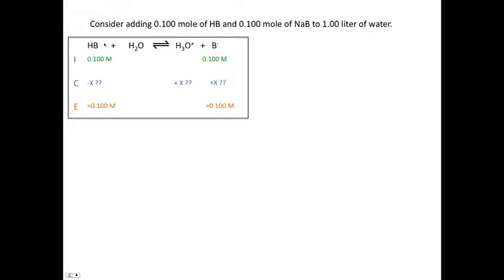So maybe the HB says, okay, I'm the weak acid, I'm going to do my behavior equation, and I am going to break up partially. Some of the HBs are going to dissociate. And so a little bit of the HB concentration will go away and a little bit of B minus concentration will appear. Maybe that's what happens.